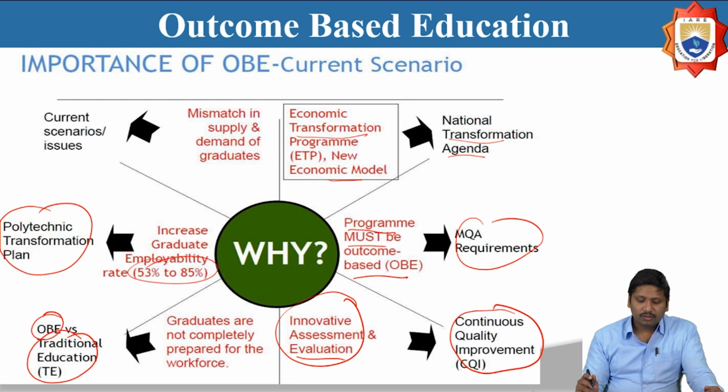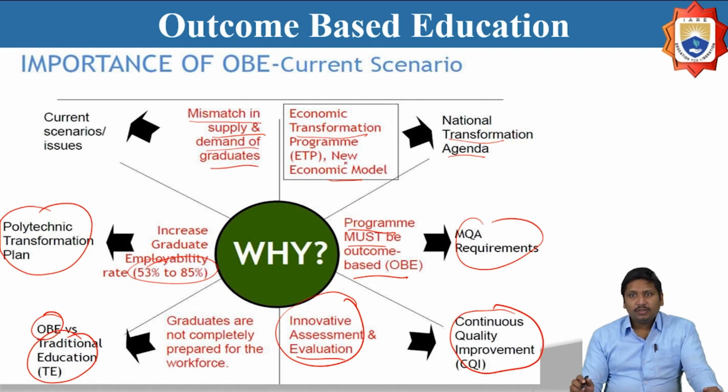And this kind of thing should also be obtained through OBE. And in order to meet the current scenarios or issues, that means mismatch in supply and demand of graduates, that's why this OBE is very important in order to meet all the factors that are needed in any kind of institution.